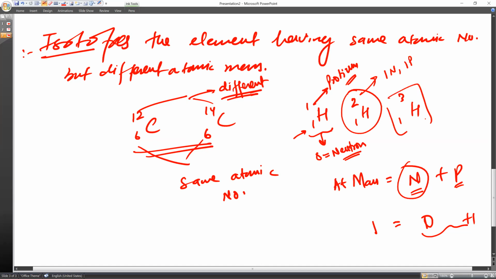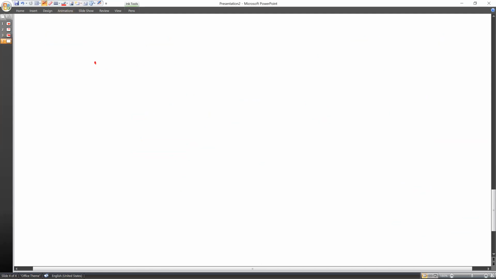And here, tell me the number of neutron and proton in this element. Tell me the number of neutron and proton. 1 what?